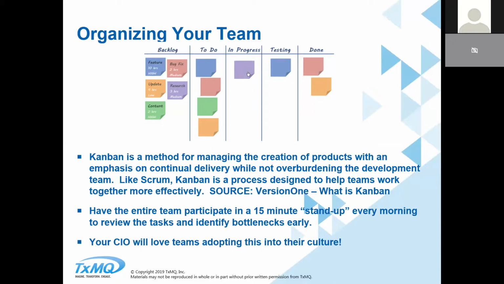In this case, that quote came from version 1 about what is Kanban. One thing that I learned that really works well is, between Scrum and Kanban, I prefer Kanban a little bit better. It's easier as an MQ team.